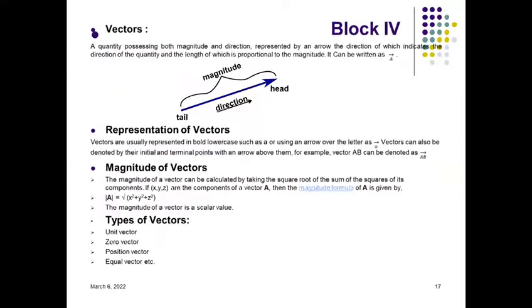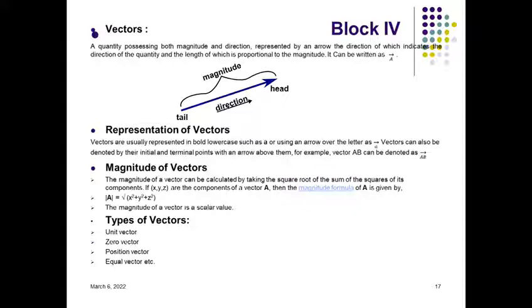In Block 4, we have vectors, a quantity possessing both magnitude and direction, represented by an arrow the direction of which indicates the direction of the quantity and the length of which is proportional to the magnitude. Representation of vectors.